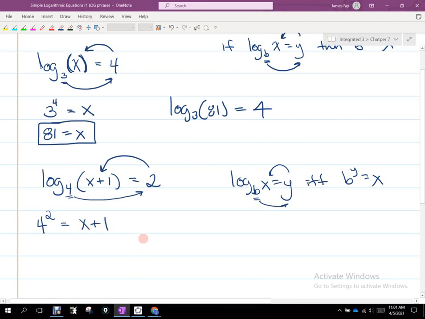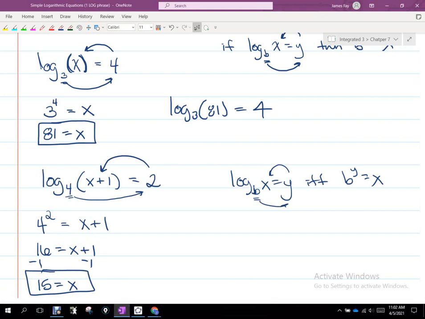Now, can you solve for x? I would change the 4 squared to 16 first. Then you can isolate x by subtracting 1. And you get your x to be 15. Okay. We can check that. Check all of these.